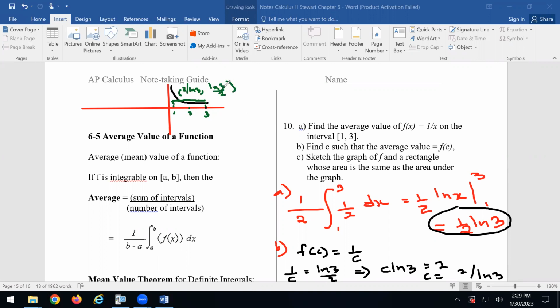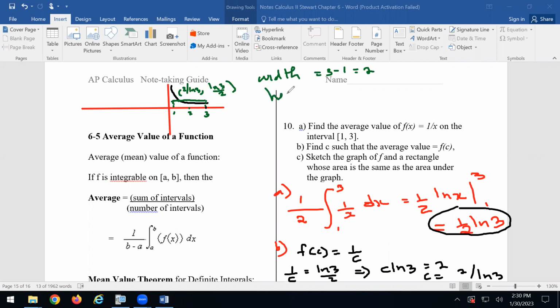All right. So what would force these to have the same area? So if you look at the rectangle that we sketched, notice that the width of the rectangle would basically just be 3 minus 1, which is equal to 2. So it would have a width of 2.